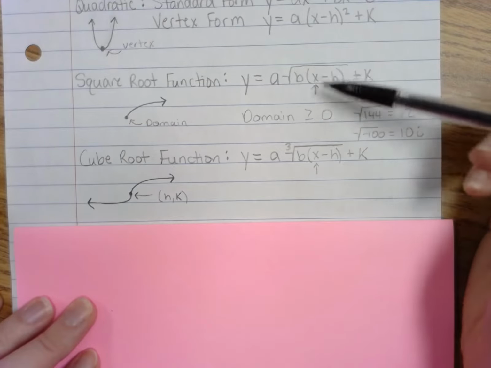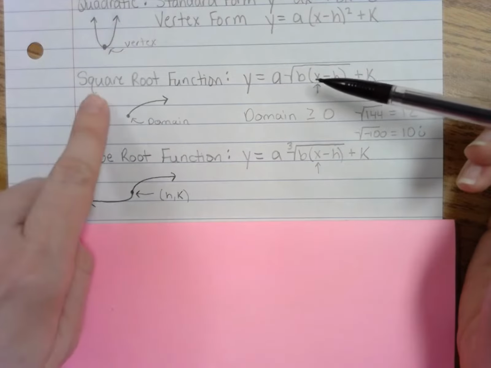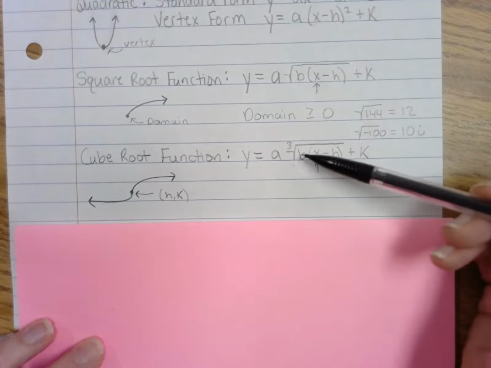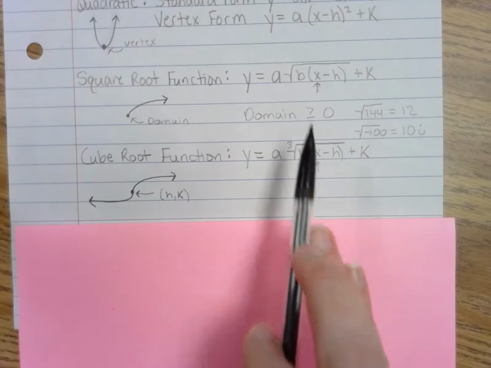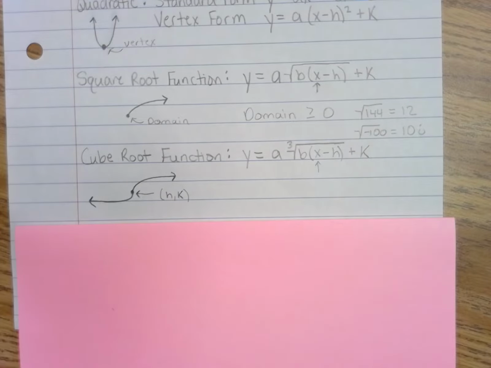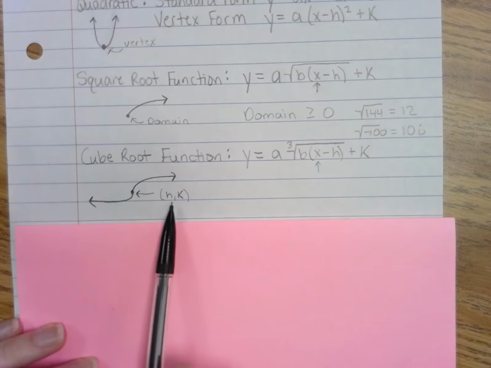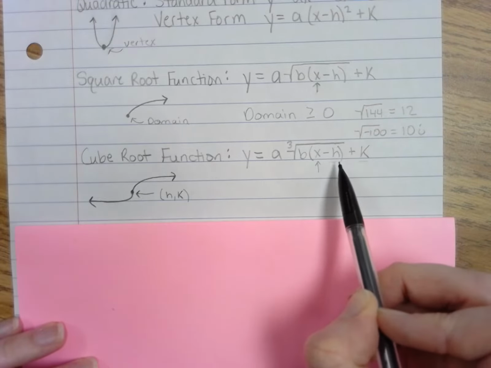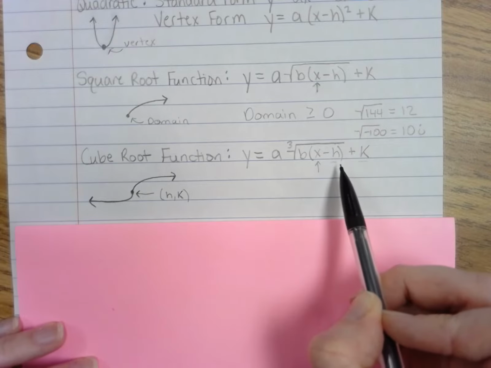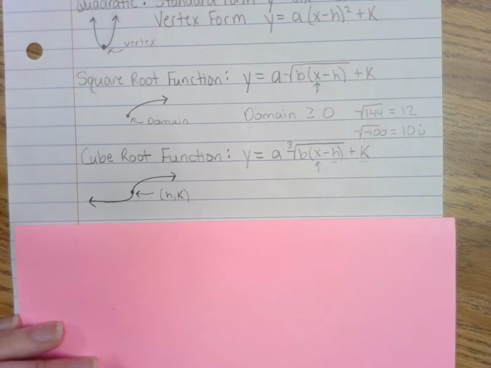If the radical is a square root, it'll be a square root function. If our radical is a cube root, it's a cube root function. And we're going to find that variable x inside of those radicals. For a cube root function, our starting point will be found by our h and k. And just like naming h and k with our vertex form, we need to be careful with h and k for a cube root function.